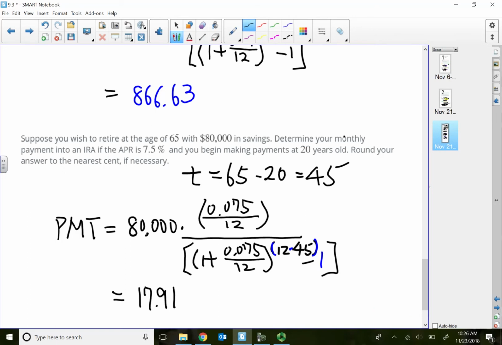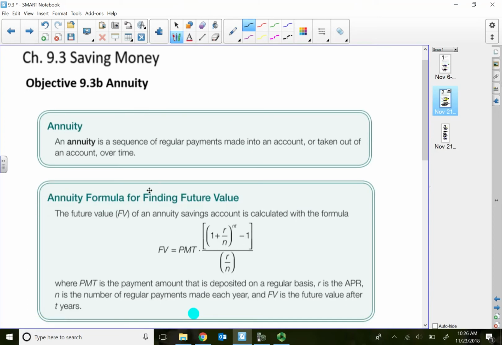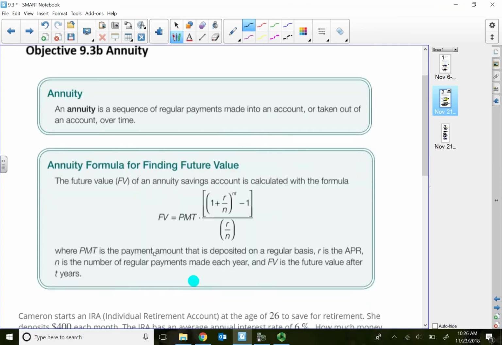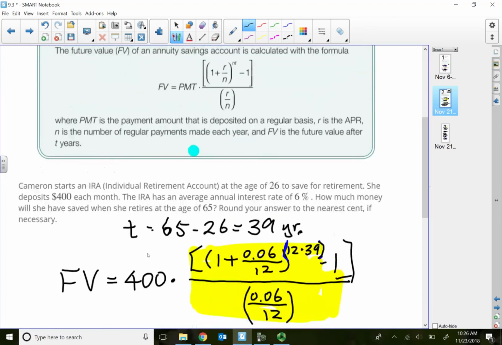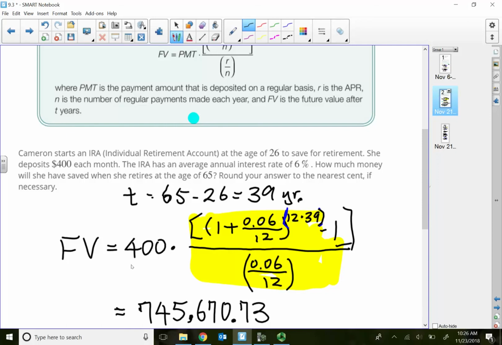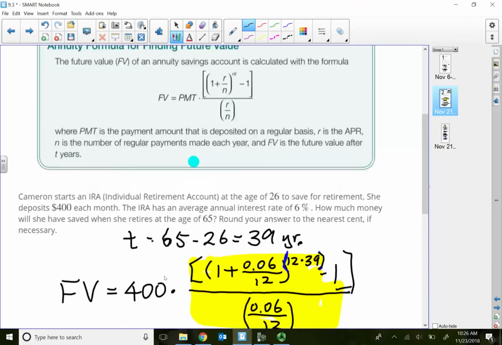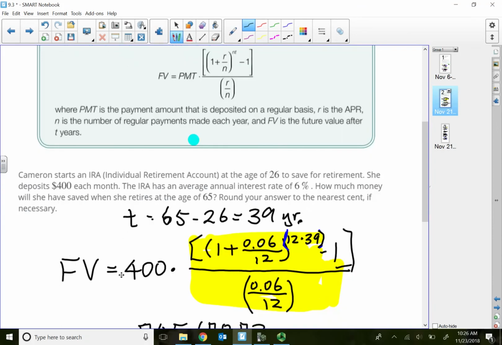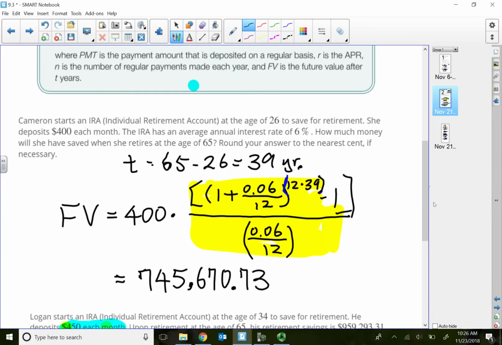So in this lecture video, we talked about these two big formulas: the annuity formula for finding the future value. Knowing my periodic payments, my interest rate, and my compounding period or how often I'm going to deposit this money, I can find my future value.